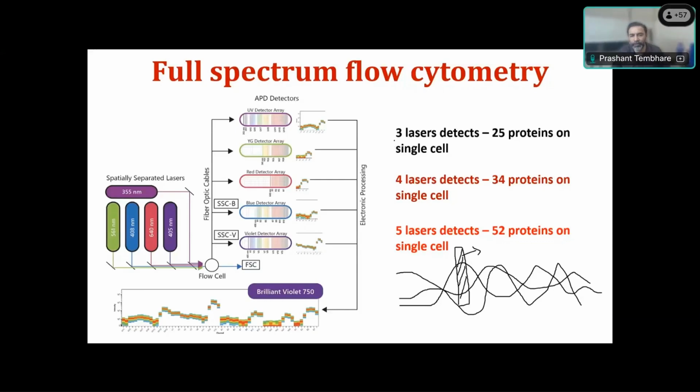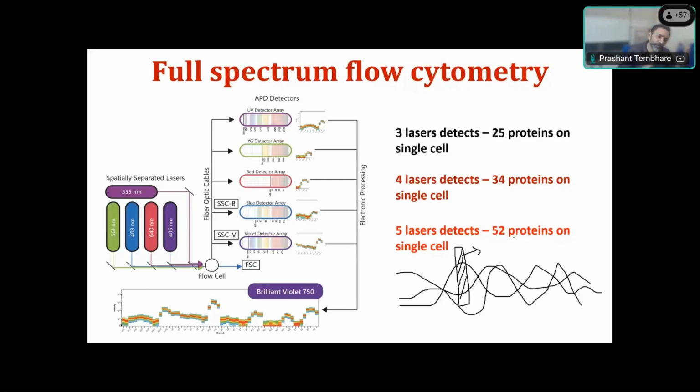So in spectral flow cytometry, because you are measuring the spectrum instead of a single peak, you can identify up to 50 markers using the same 5 laser instrument. That means in a single tube you can identify 40 or 50 markers on the same cell. It is called high dimensional flow cytometry or full spectrum flow cytometry.